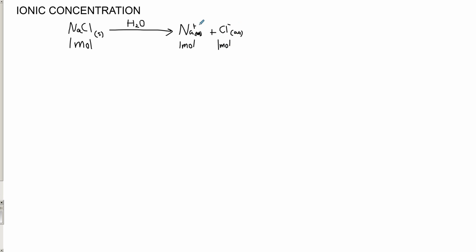By the same exact logic, let's use a decimal. What happens if I dissolve 0.5 moles of sodium chloride in an amount of water? Well, that means that I would get 0.5 moles of sodium ions, Na+ aqueous, and I would get 0.5 moles of Cl- aqueous.